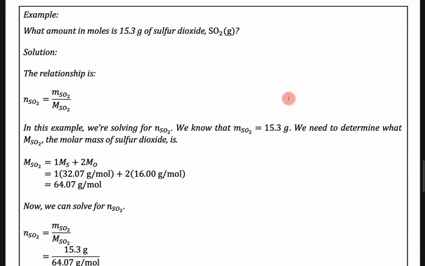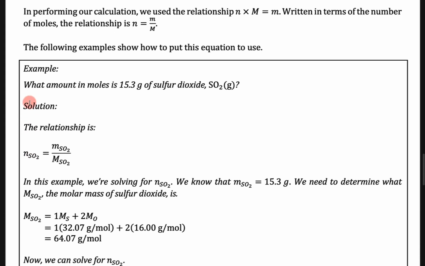And let's look at how these examples work. In our first example, it asks what amount in moles is 15.3 grams of sulfur dioxide. To solve this, we're going to use the relationship that we just saw. The relationship being that the number of moles equals the mass over the molar mass.